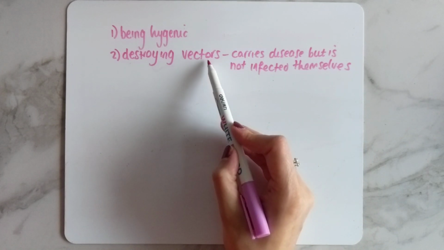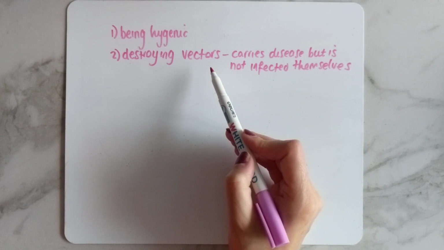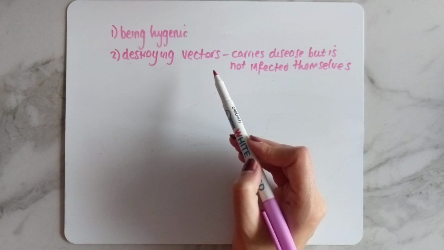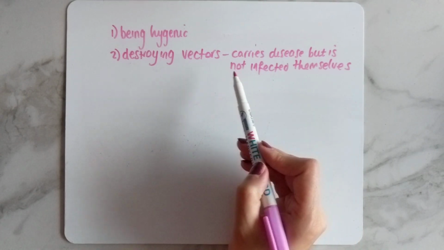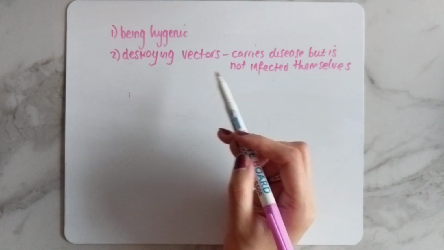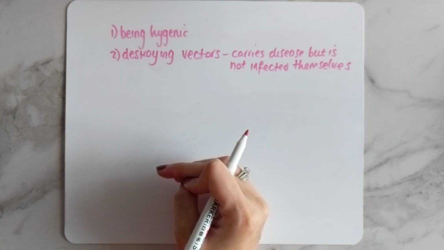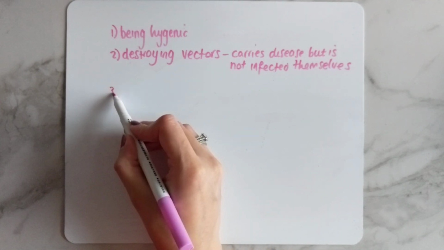So a mosquito is a vector and it carries malaria. The mosquito isn't infected with malaria, it hasn't got the symptoms of malaria, it's just the carrier, and that malaria is then passed on to animals and passed on to humans, and the mosquito is the vector. So if we destroy the mosquito using bug sprays, or keep them away using mosquito nets, then that works towards destroying vectors.